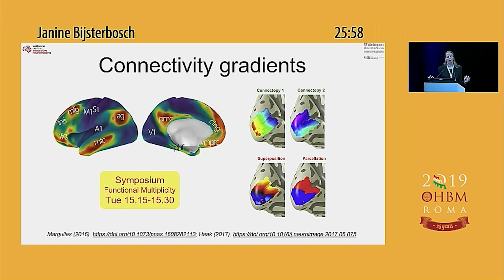And we know that this is the case, for example, in the visual cortex, where depending on the feature of the visual stimulus that you're looking at, the neural populations are organized in different directions. And that has been extended to much of the rest of the brain, showing that there are these gradual changing gradients of connectivity patterns throughout the brain that sometimes overlap spatially.